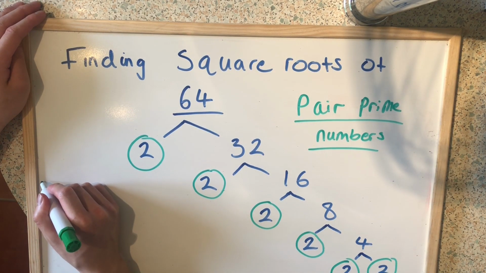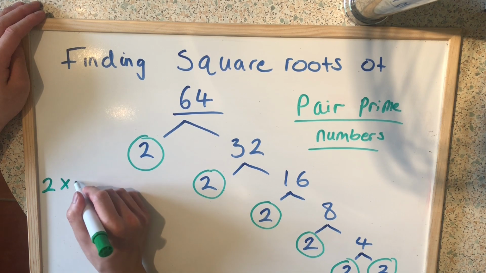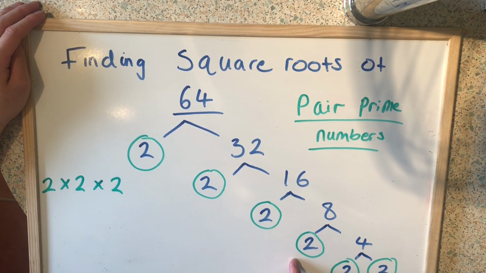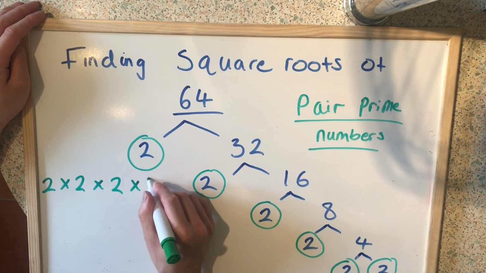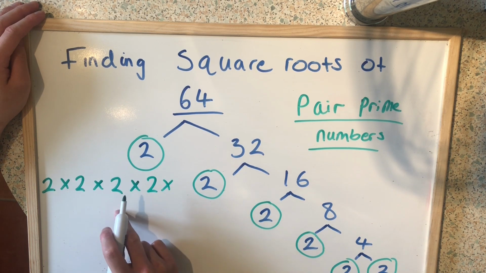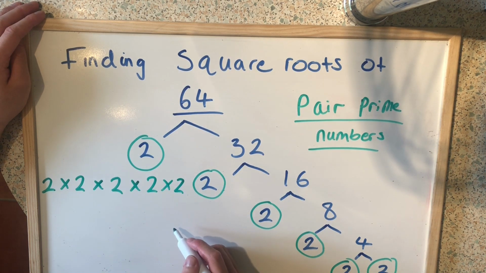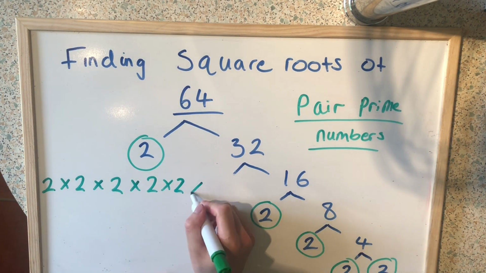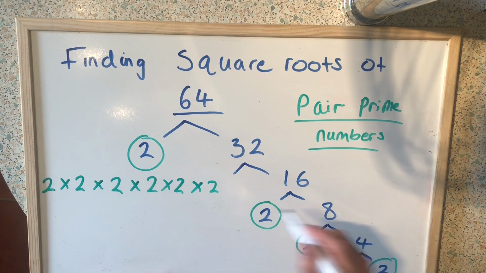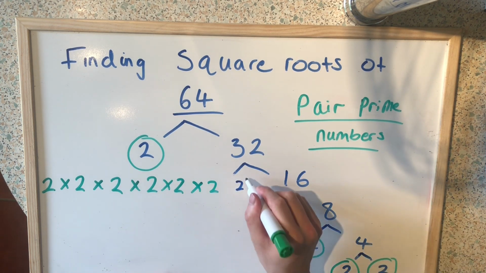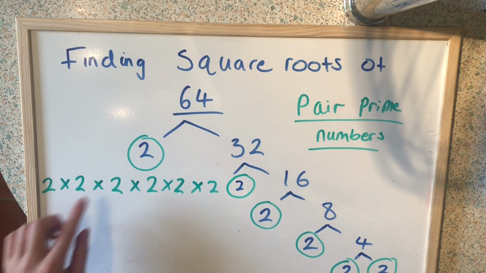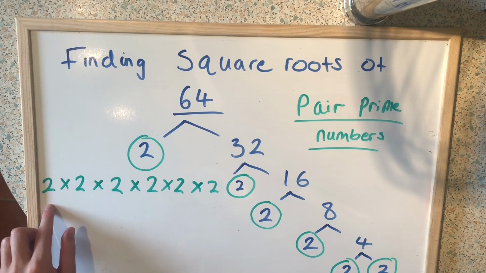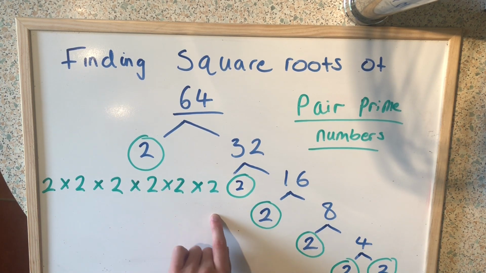So we have 2 times 2 times 2 times 2 times 2 times 2, which we've got here, 2 times 2 times 2 times 2 times 2 times 2.